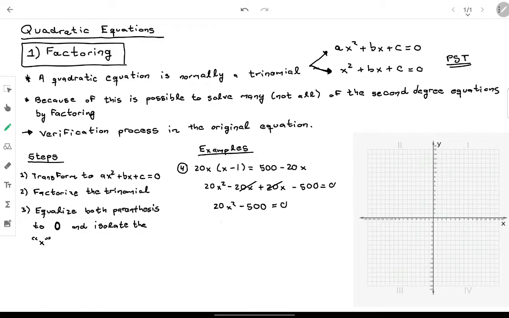If we take out the 20, it's going to be x squared minus 25 equals 0. We can factorize again. It's going to be 20 that multiplies x plus 5, x minus 5 equals 0. Of course, we can equalize everything to 0.